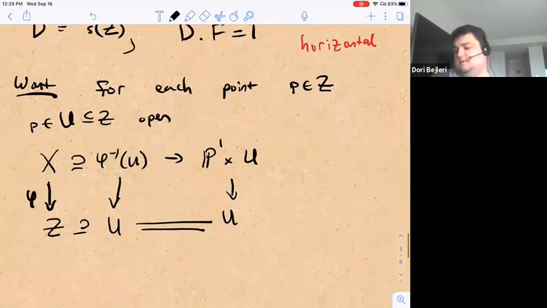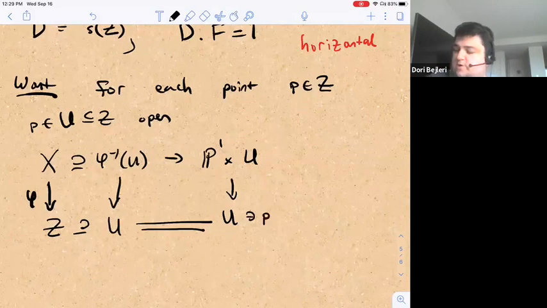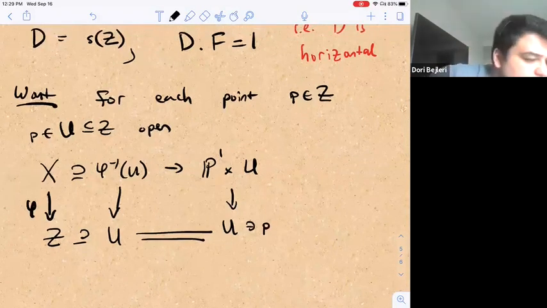Okay, so this is what we want to check. And we're going to do this using the existence of this section.